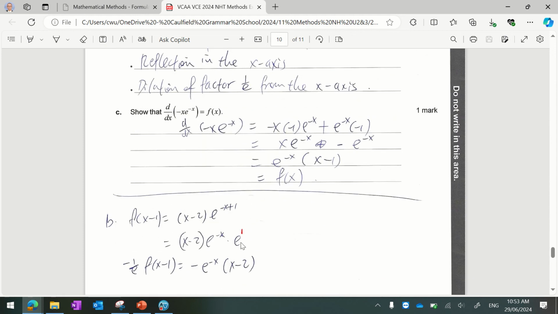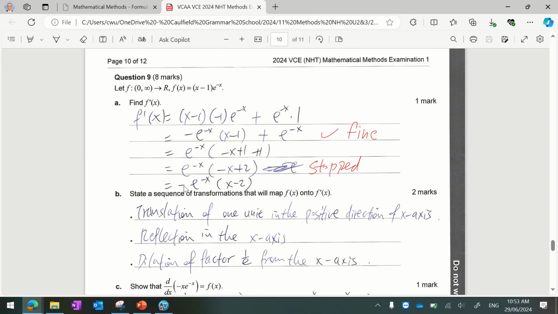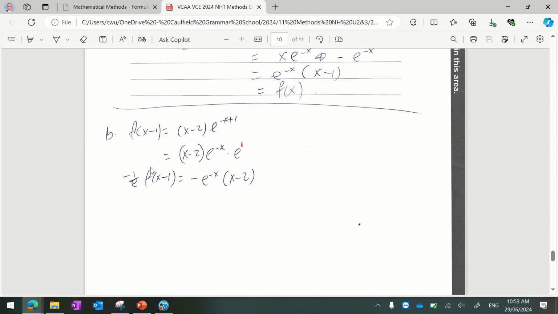The difference is the e to the power of 1, and the negative. So I take this function f of x minus 1 and multiply it by negative 1 over e, because e and 1 over e cancel out. The negative comes to the front.